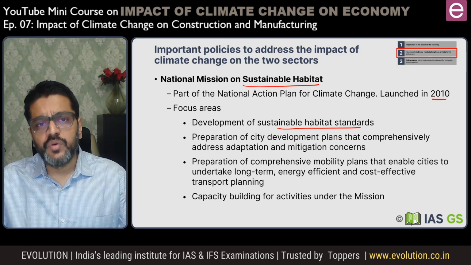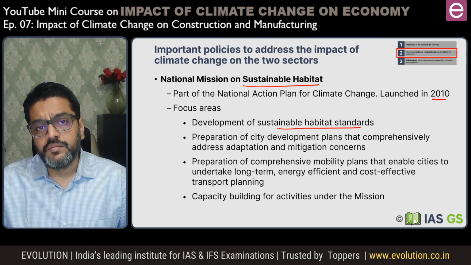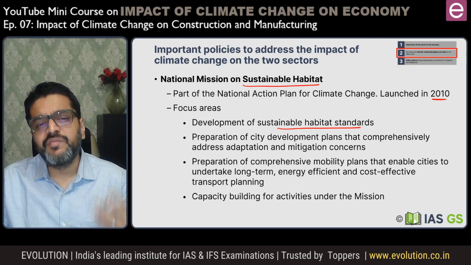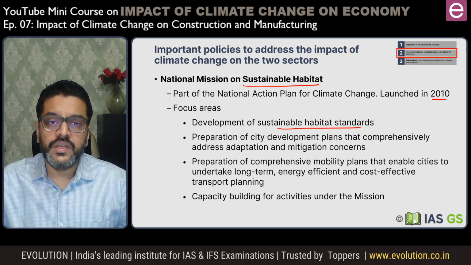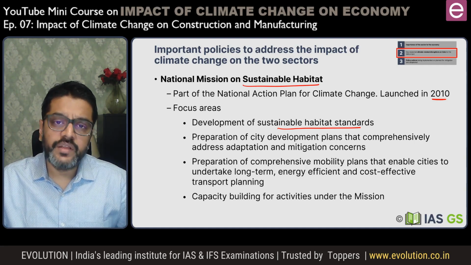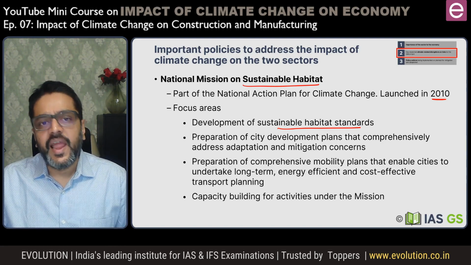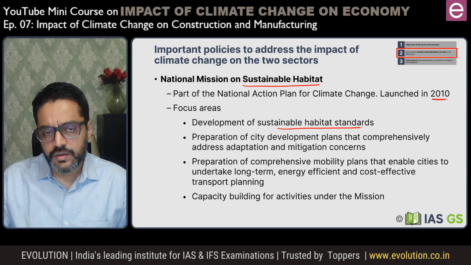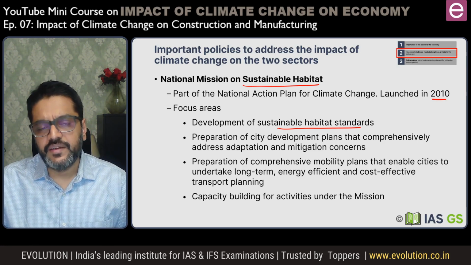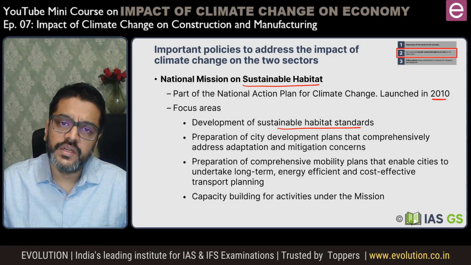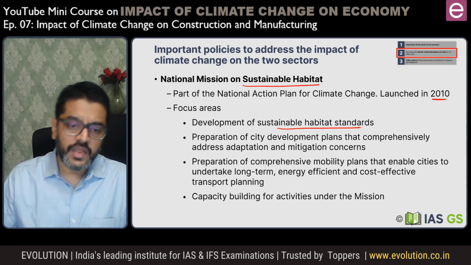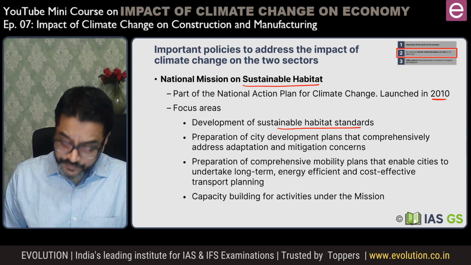So basically to promote the creation or construction of more sustainable buildings, right, that have a lower impact on global warming, so they are more environment friendly, and they can also, on the flip side, withstand the attack of weather elements better compared to the buildings that are being constructed so far, right? So that is the first focus area.